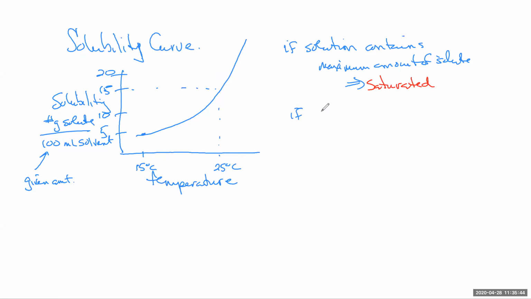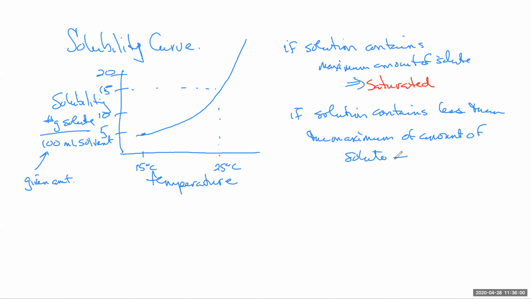If the solution contains less than the maximum amount of solute, then that solution is referred to as unsaturated. It's not fully saturated with solvent. You could put more in.